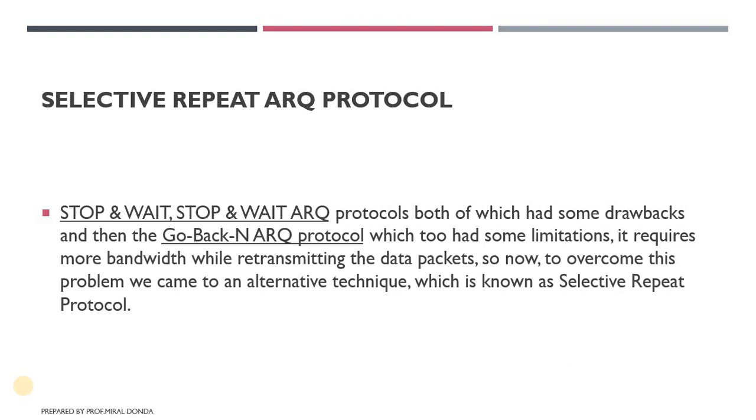In all these protocols, we are just sending data packets to the receiver, which is time consuming or requires more bandwidth. So for that, a new protocol is introduced, which is the selective repeat ARQ protocol.